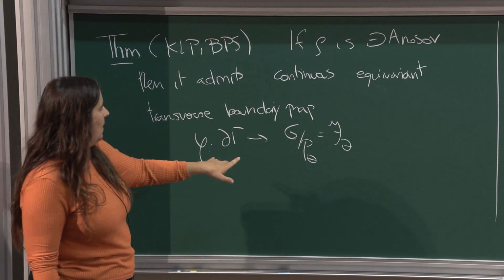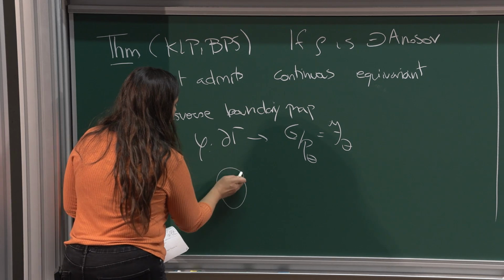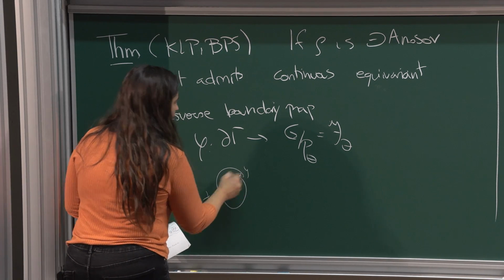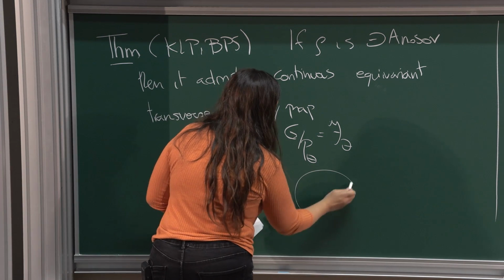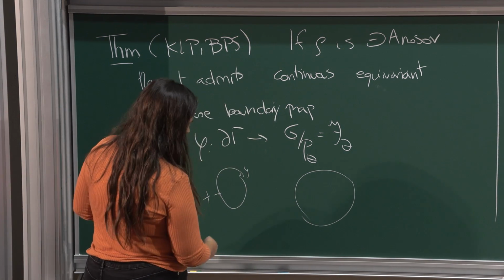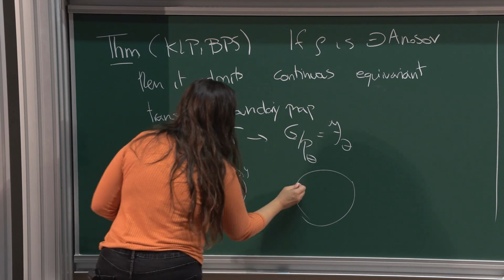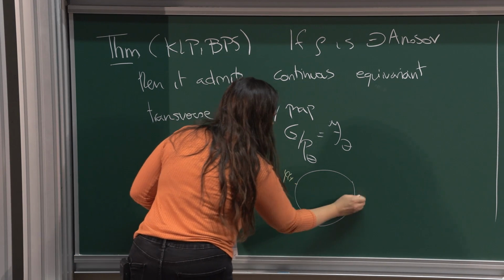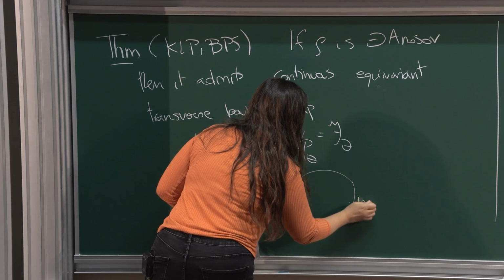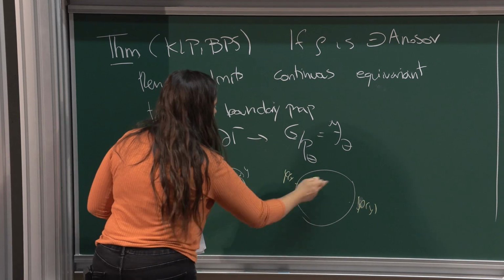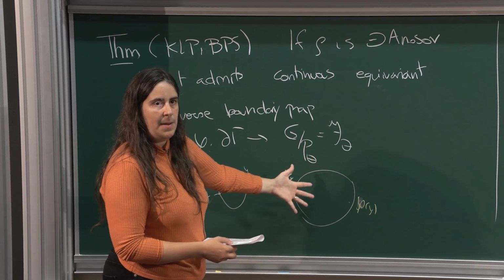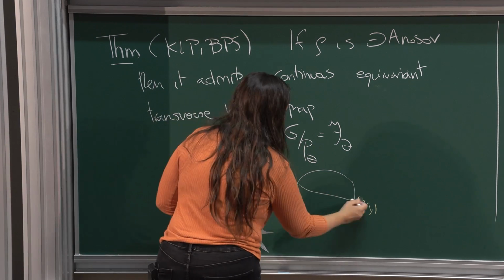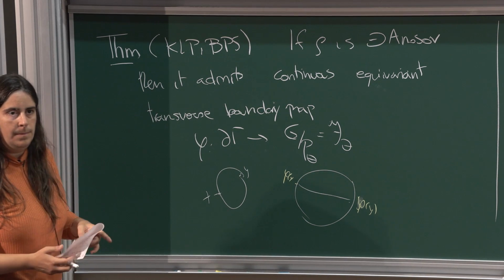And transverse means that for any pair of points x and y that are distinct, the image in this flag space is transverse. So I have phi of x here, phi of y there. And if I think of this flag space as something sitting in the boundary at infinity of the symmetric space, I actually have a geodesic inside that joins it.